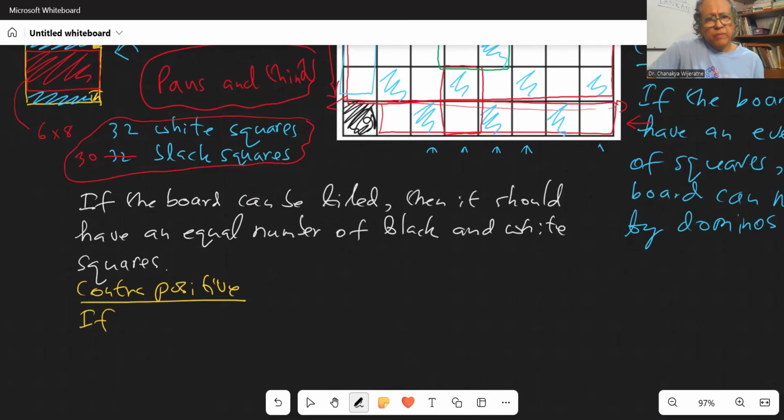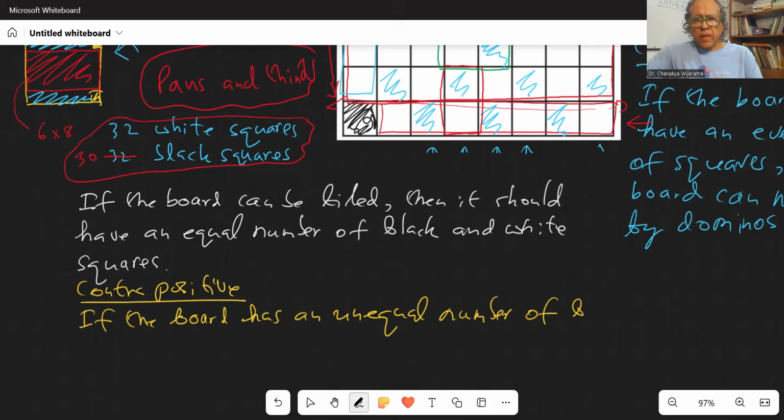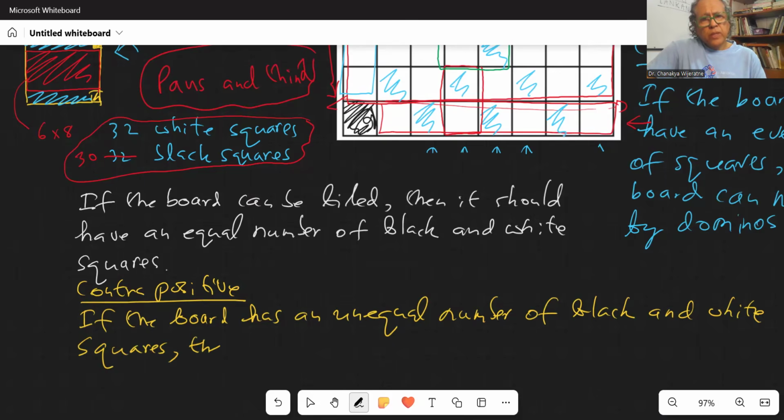If the board has an unequal number of black and white squares, then the board cannot be tiled, of course, by dominoes, right?